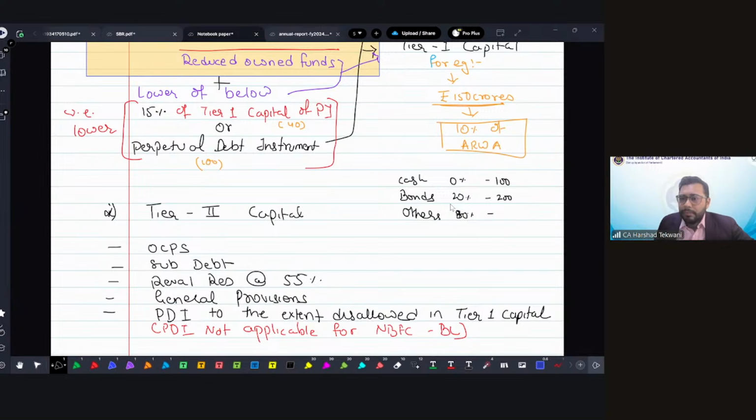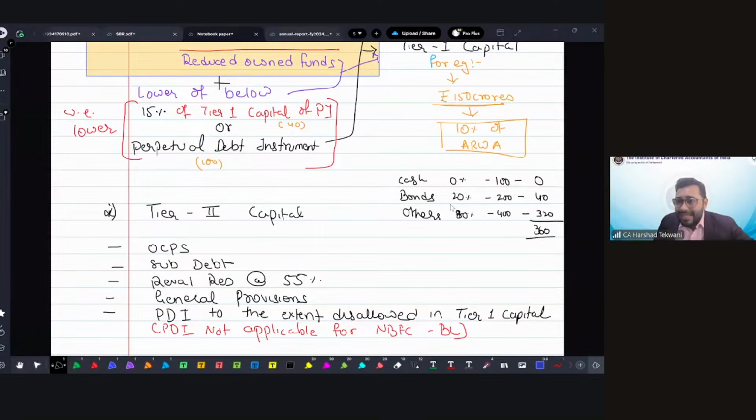400. So I have to apply these percentages: 0 into 100 will be 0. 20 into 200 is 40. 80 into 400 will be 320. So it gives me 360.